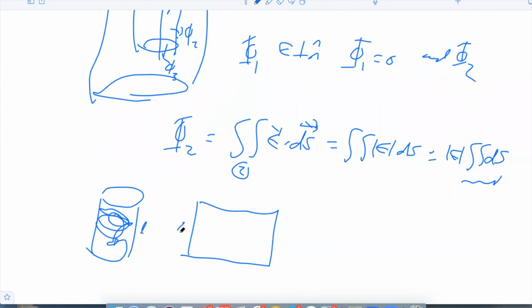This was L, so this side would be L. This length of the soup can label would be the circumference of the circle, 2 pi r. So that area would be 2 pi r L. I called it little l. That's the flux through the surface.